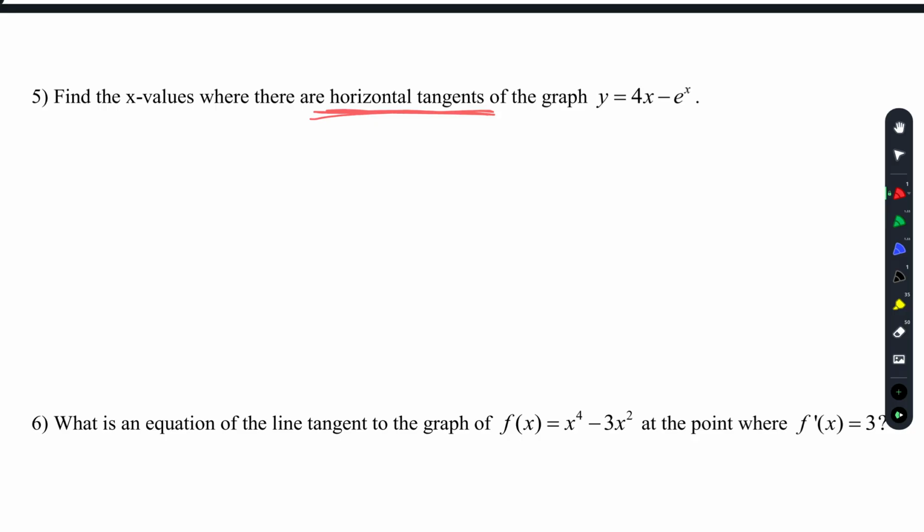So what does it mean if there's a horizontal tangent on a graph? Slope is 0. Not just any slope, the slope of the tangent line. So what does that mean? That y prime equals 0. So tangent means derivative, and horizontal means it equals 0.